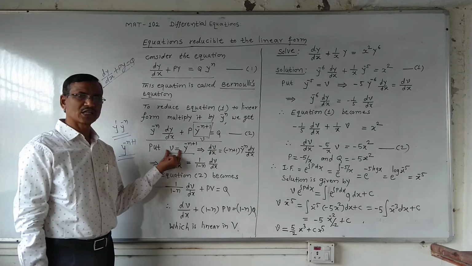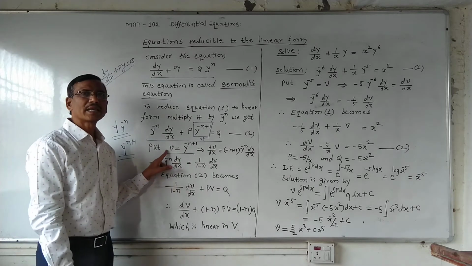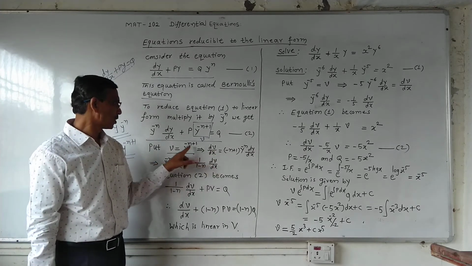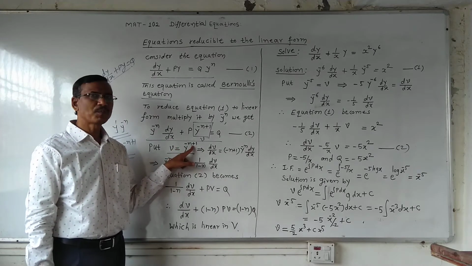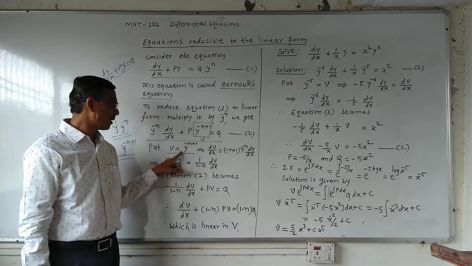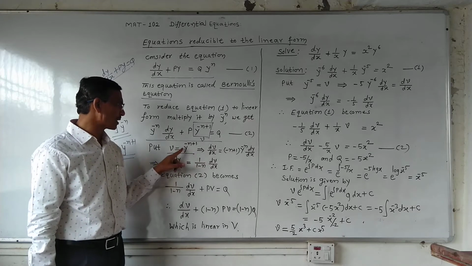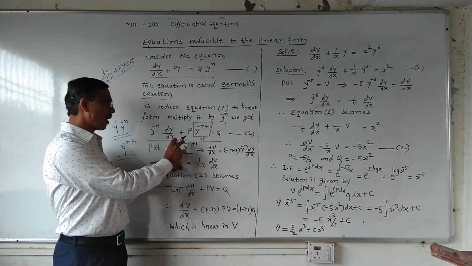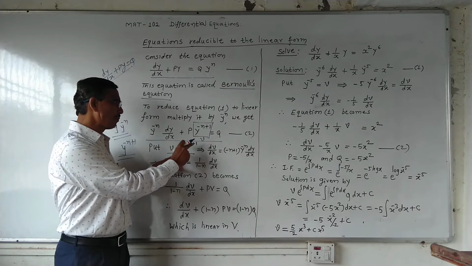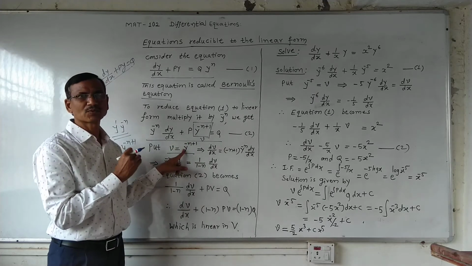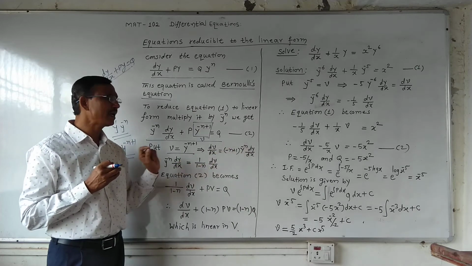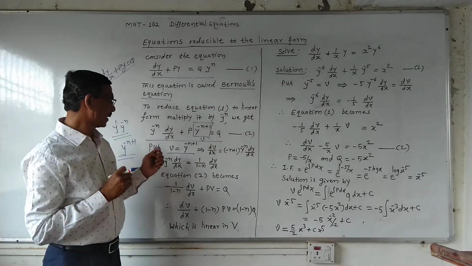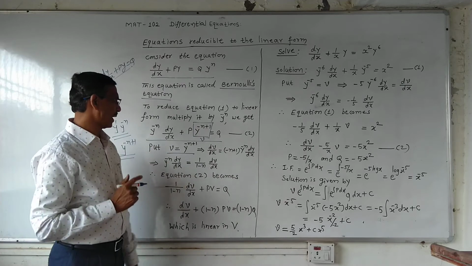Now differentiate with respect to x. It will become dv by dx is equal to minus n plus 1 into y raised to minus n plus 1 minus 1. The plus 1 and minus 1 get cancelled. It is y raised to minus n dy by dx, because we are differentiating with respect to x.